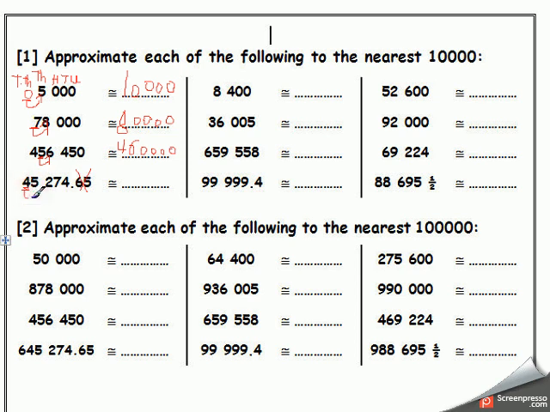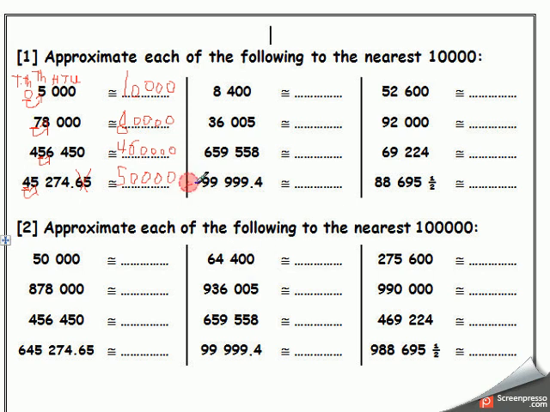I look at the previous digit. The previous digit is 5. 5 is strong, so I replace all digits: 4 by 0, and 7 by 0, and 2 by 0, and 5 by 0. Yes, 5 by 0, because this is 1,000, not 10,000. The 10,000 will increase by 1 because the previous is strong, so it becomes 5.